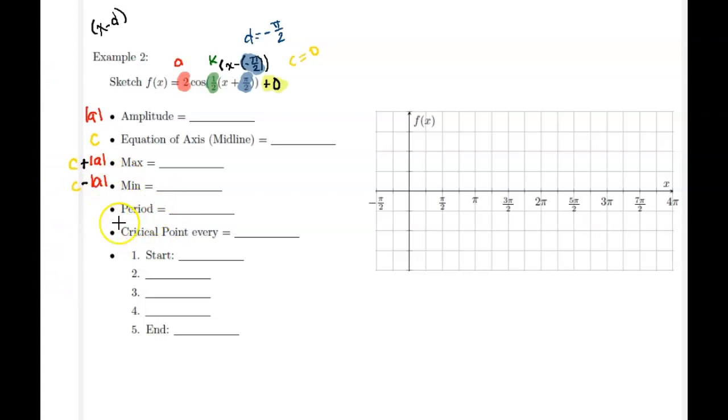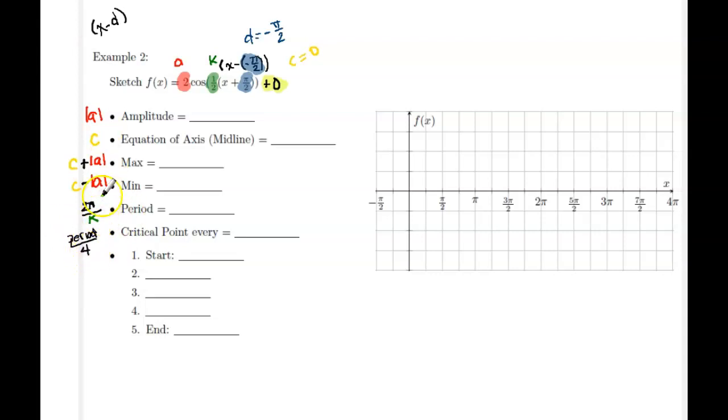Moving on to the period, or the length of one cycle, that's going to be equal to 2 pi divided by whatever my k value is going to be. And since we have 5 critical points, they're going to be evenly spaced apart. So they're going to be spaced by period divided by 4.